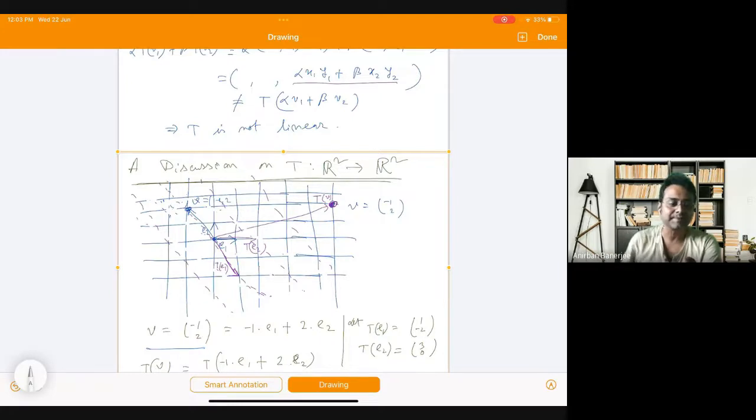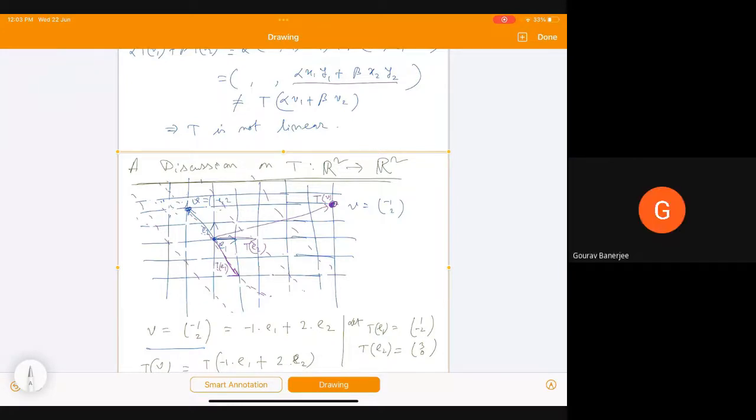Sir, I can think of a small explanation: a linear transformation from R2 to R3 will be a linear combination of x and y, giving x, y, and z in R3.